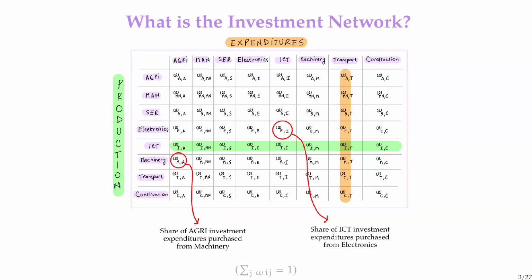This means how the total expenditures of investment in the transportation sector is allocated to other sectors. So basically it will mean how investment expenditures in transportation are allocated to electronics, ICT, and so on. And we will express the investment network in terms of expenditure shares so that the columns will sum to 1.